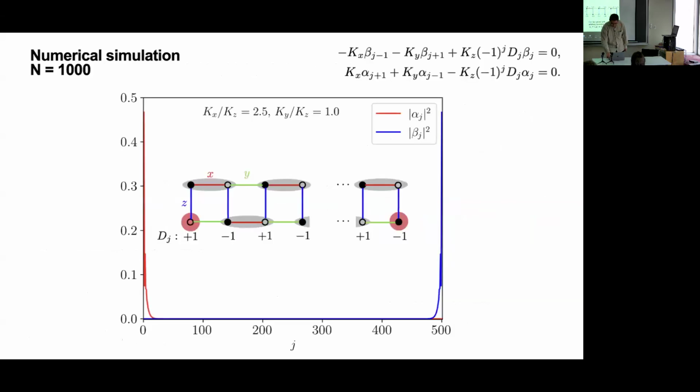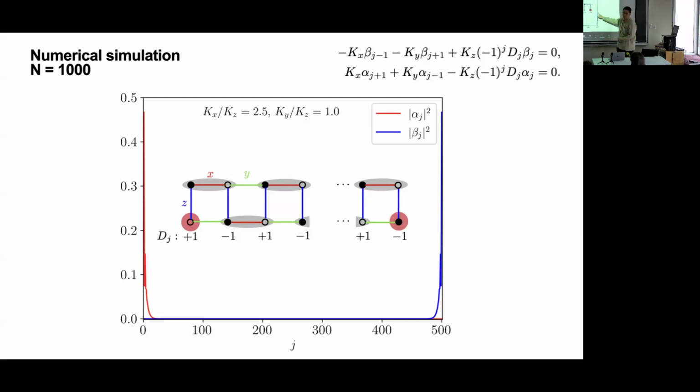Okay, so to get insight into what's happening in the topological case, we diagonalize the Majorana Hamiltonian by fixing the DJ sectors. The Hamiltonian becomes a matrix interacting with the Majoranas, and we diagonalize this Hermitian matrix, choosing numerically n equals 1000, and here are the coefficients. It can also be understood as the probability of locating the isolated Majorana, which is alpha j squared and beta j squared.